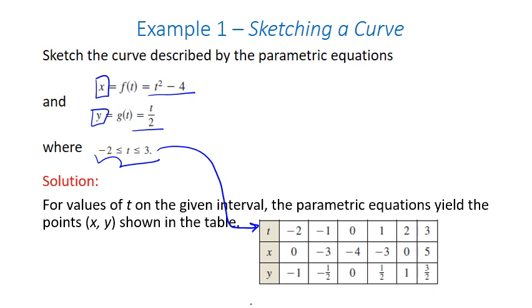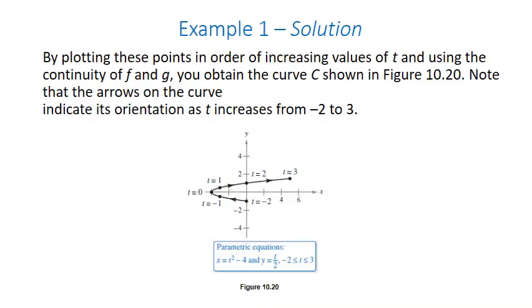When t is -1, we have this ordered pair. And again, these values are found simply by plugging the value for t into the equation for x, so finding f of -2, and then g of -2 to get this ordered pair here. So on and so forth.